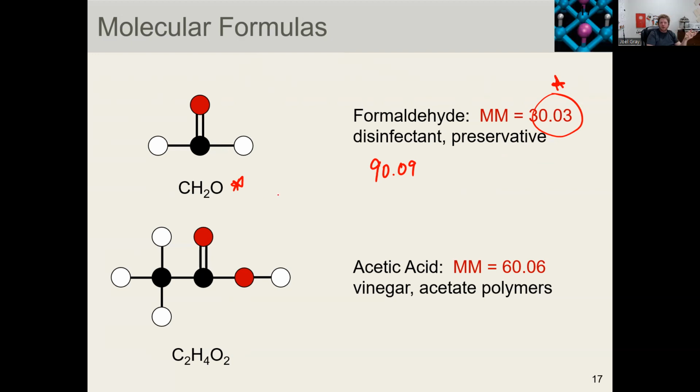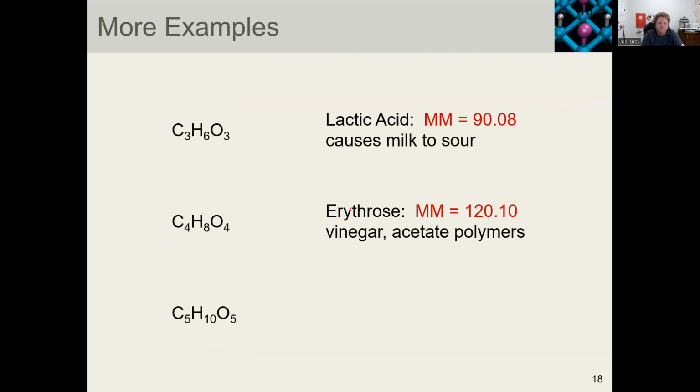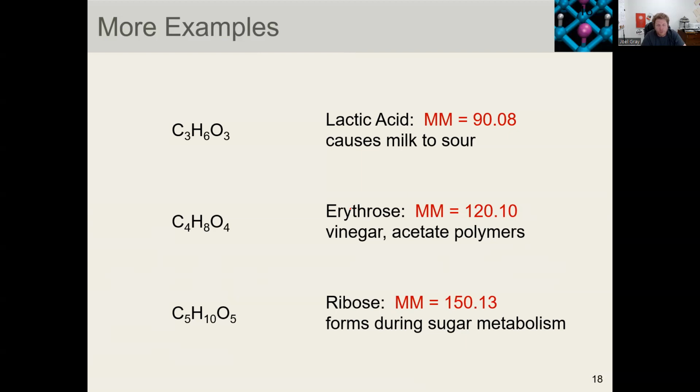And then I'd see that it has a factor of 3. So then you just multiply each one of these things by 3, by 3, by 3. And you get C sub 3H6O3. So here are some examples of compounds that have an empirical formula the same as formaldehyde, but are different. Lactic acid, erythrose, ribose. These are all compounds that have the same empirical formula, but are pretty different.